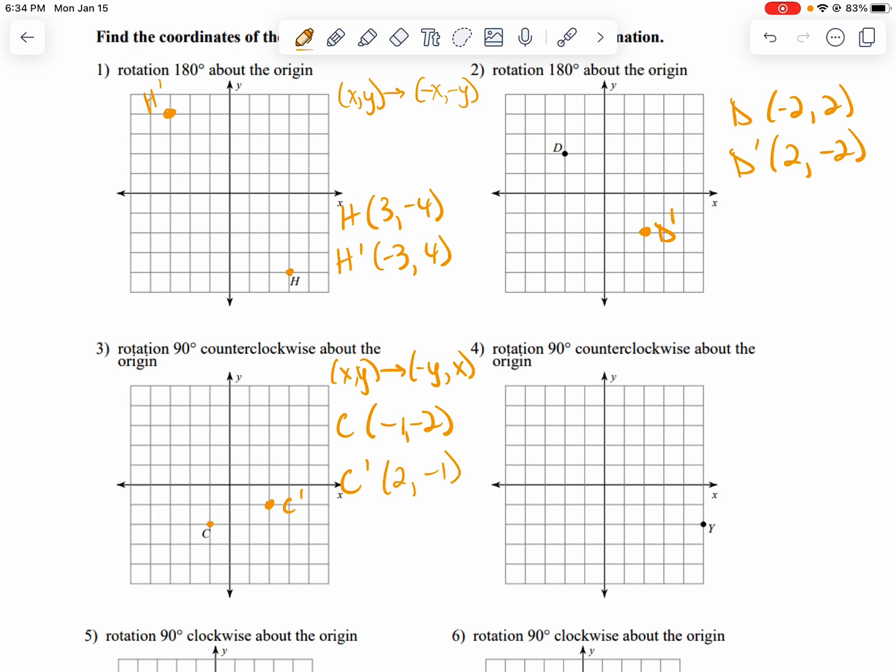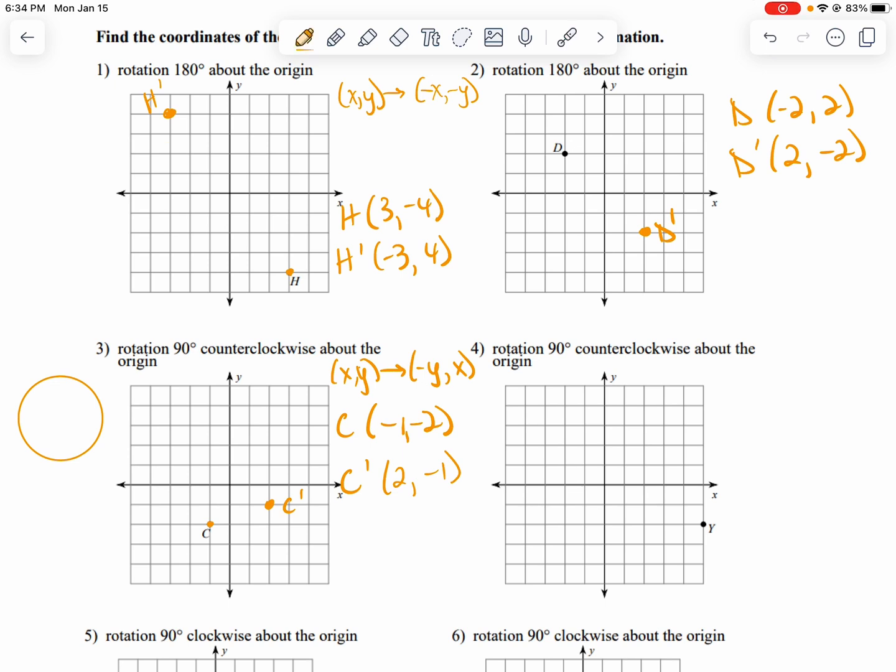So C is rotated 90 degrees counterclockwise. Because remember, if we have a clock, clockwise is going to go this way, counterclockwise is going to go this way.